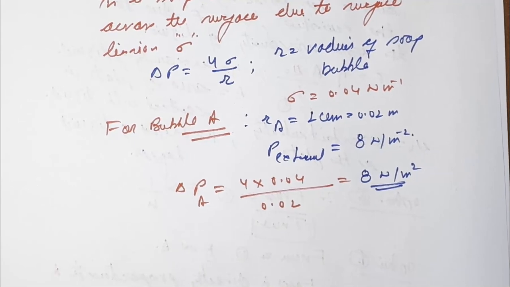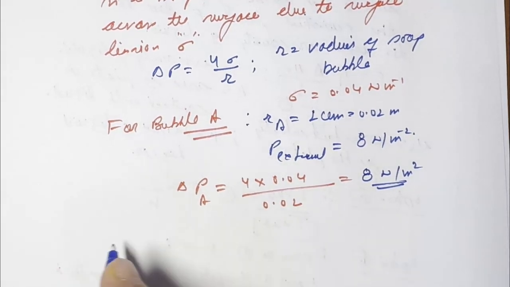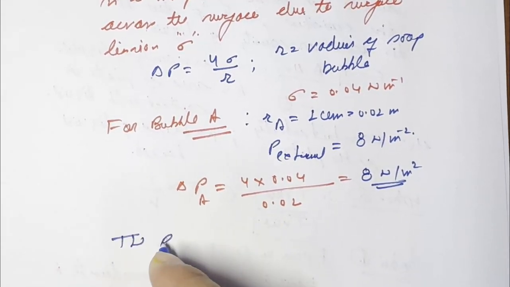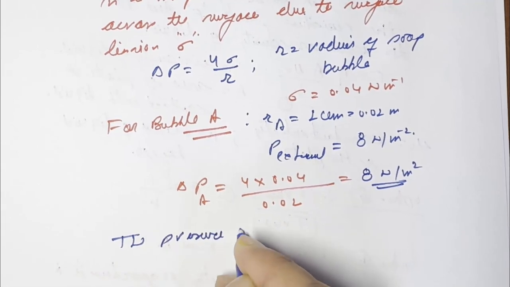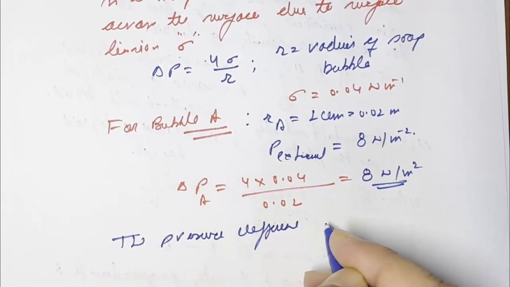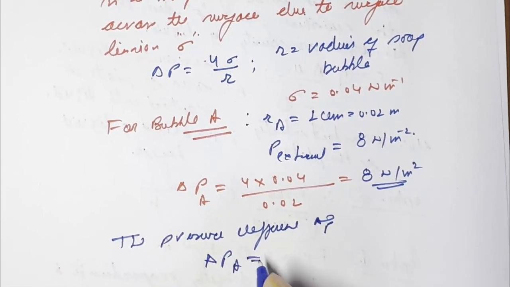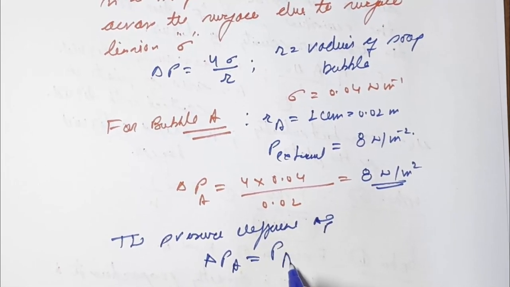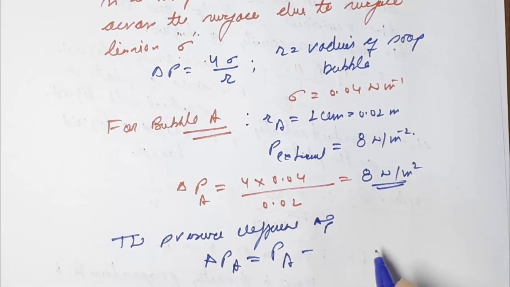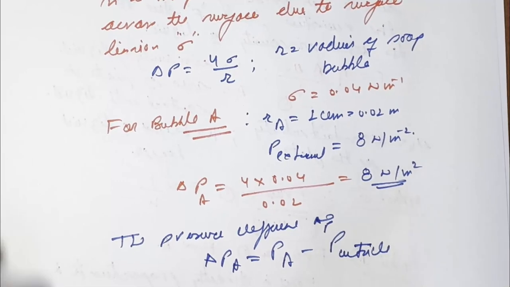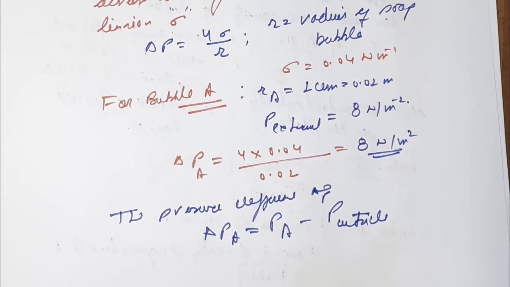So the pressure difference delta PA will be equal to the pressure inside, that is PA, minus the pressure outside, and PA is the internal pressure.